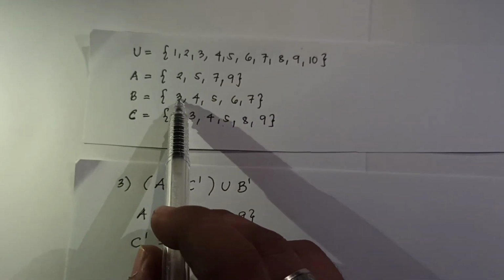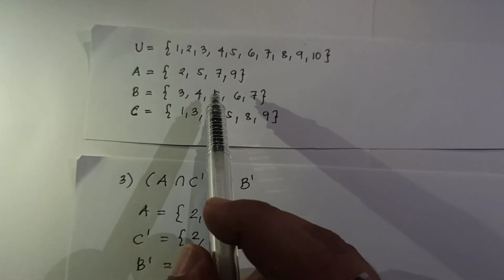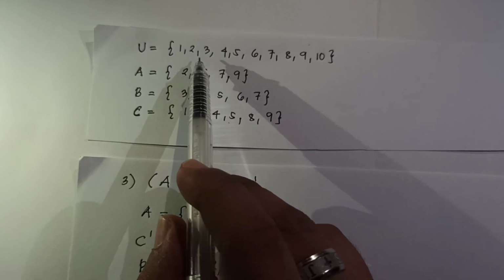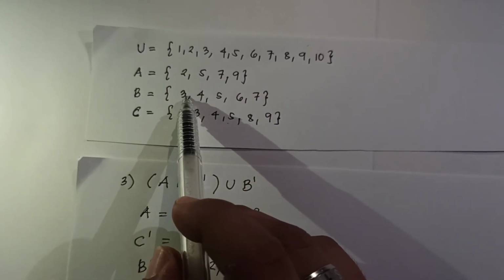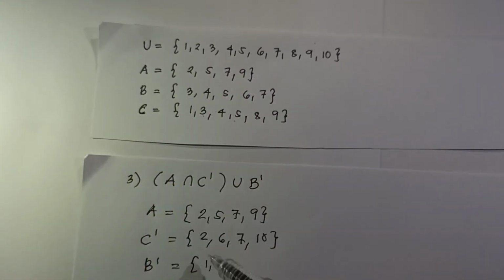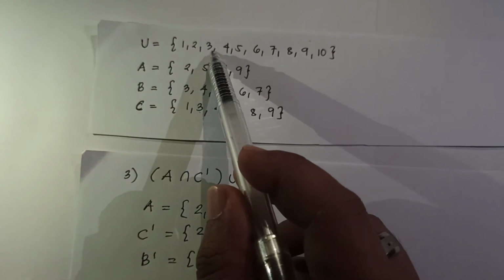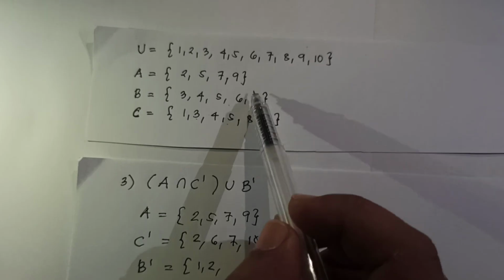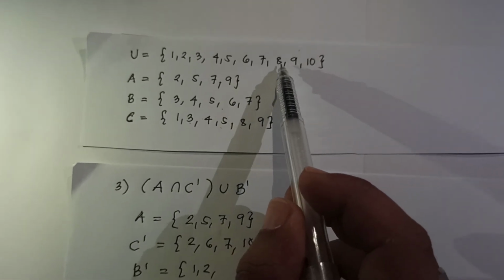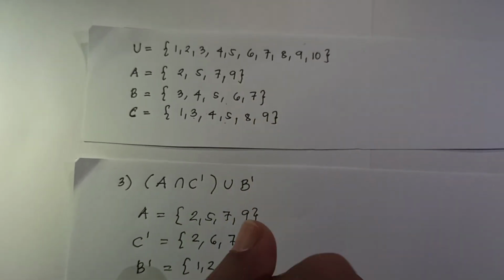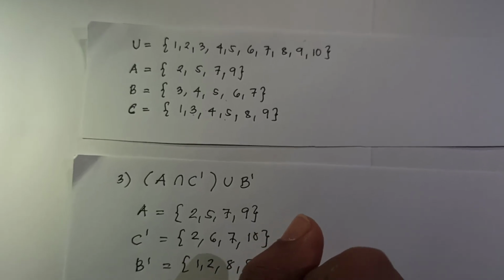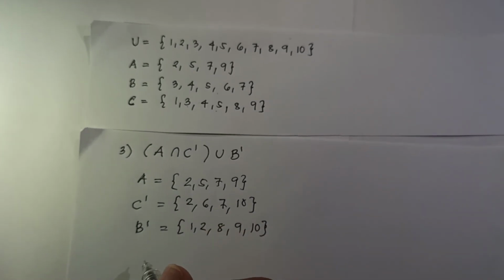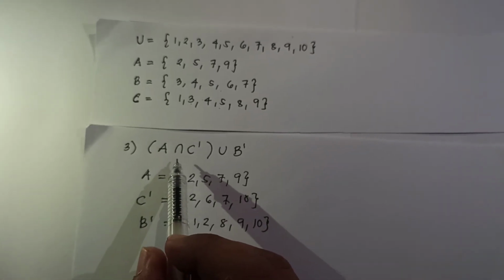Merong 3, so balik, 1 and 2, so copy 1 and 2. Merong 3, merong 4, merong 5, merong 6, merong 7. So therefore 8, 9, and 10. So now we have A intersection of C prime.